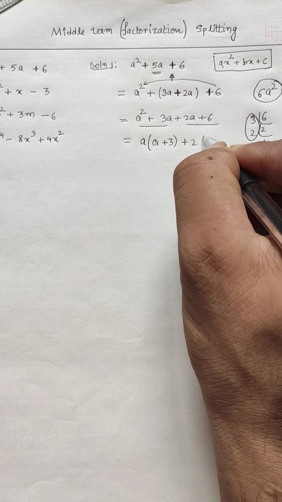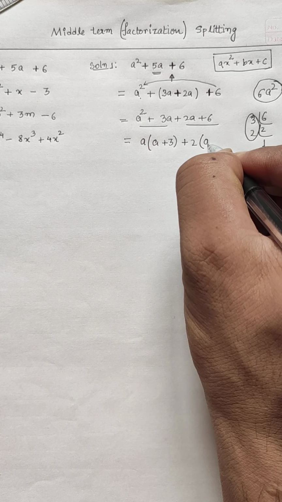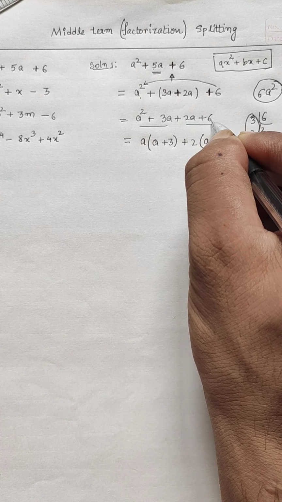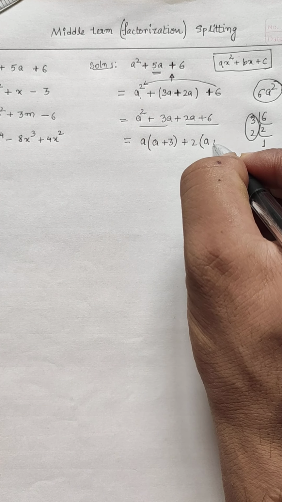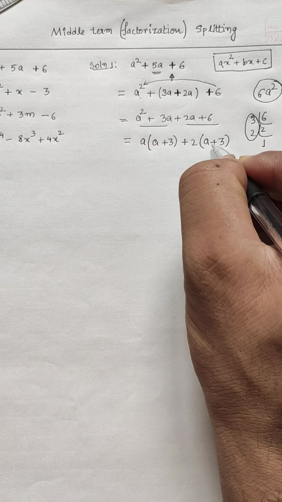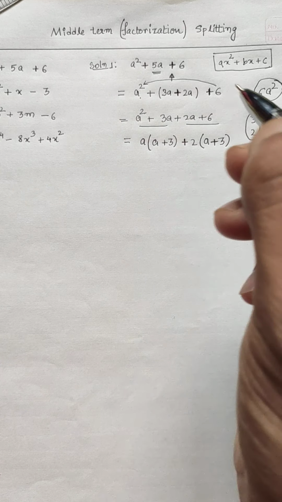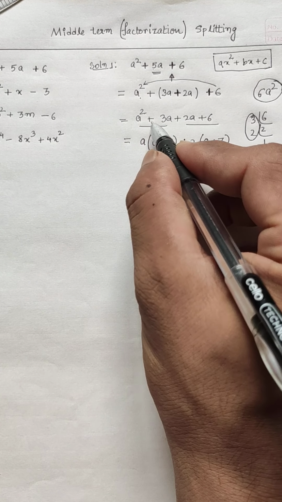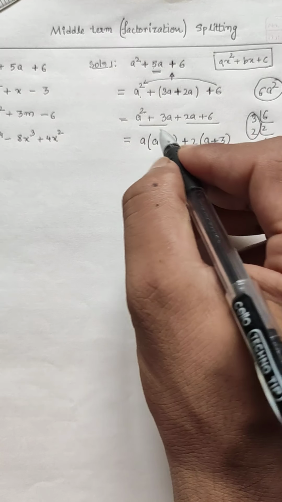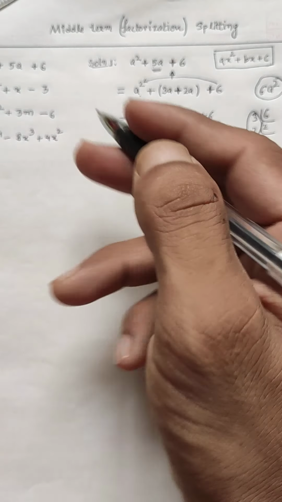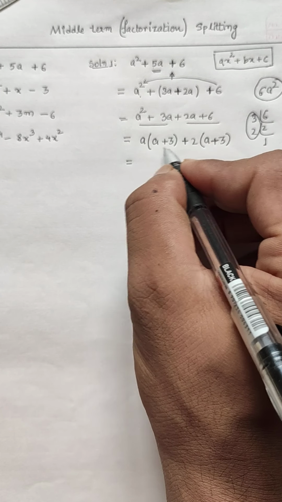Yes, 2. 2 is the common, and the remaining is a in this term, and in this term 6 means 2 times 3, so 2 is taken out and 3 is the remaining. You have to keep in mind that the sign must be proper. Because here all are addition signs, it is not so difficult. But in the case of subtraction, we will see in the next question, there are some tricks that you have to follow.